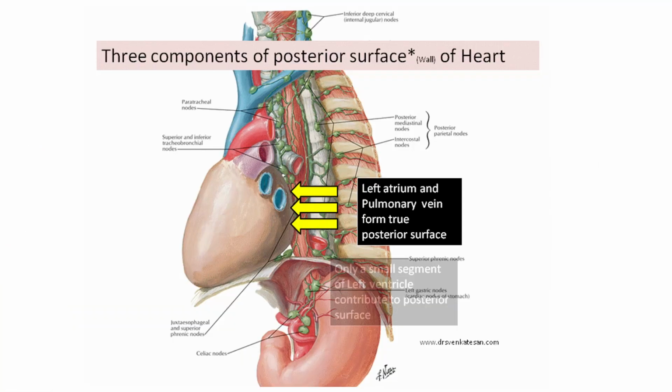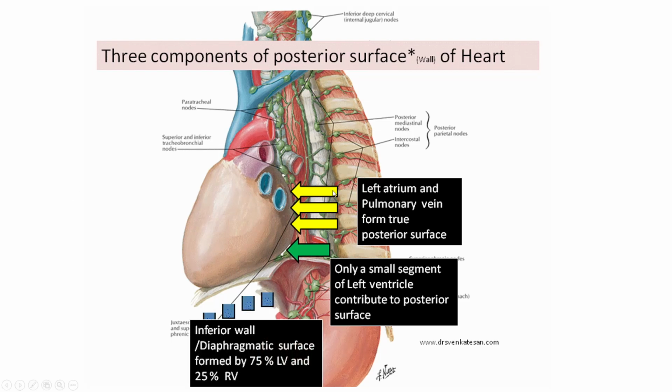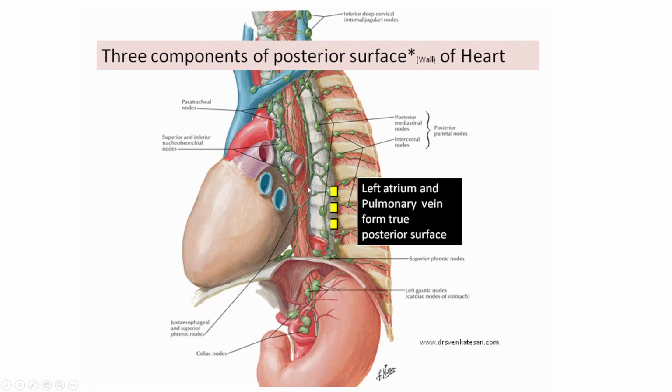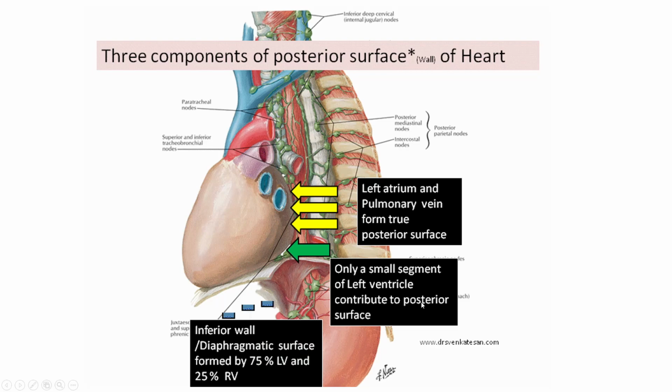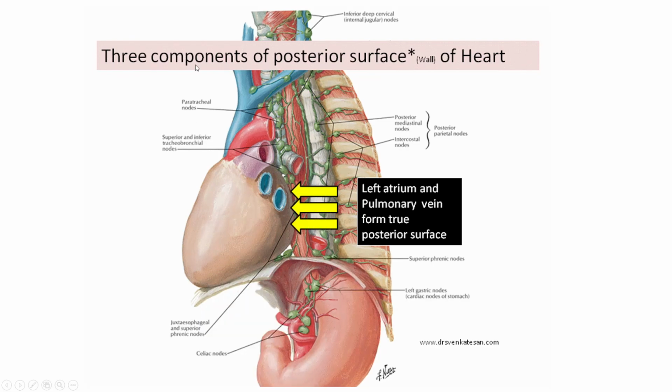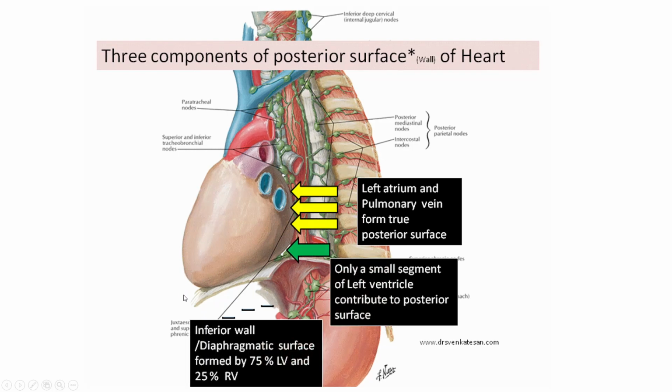Three components of the posterior surface of the heart: here we have the left atrium and pulmonary veins from the true posterior surface. Then only a small segment of the left ventricle contributes to the posterior surface. And the last part is the inferior wall, the diaphragmatic surface.